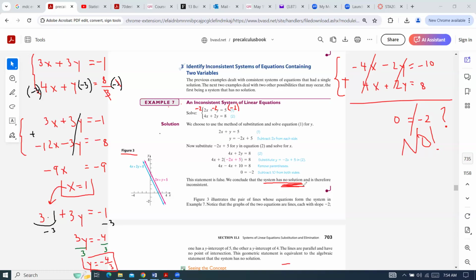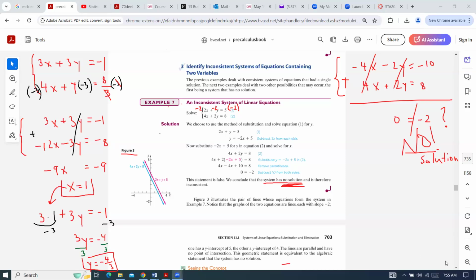And that's what we just saw. So sometimes you end up with something that makes no sense, like 0, which is not -2. That means that these two equations don't go together. They don't intersect, so there is no solution. That's the idea. Whenever you solve a problem and get something that makes no sense, it means there's no solution.